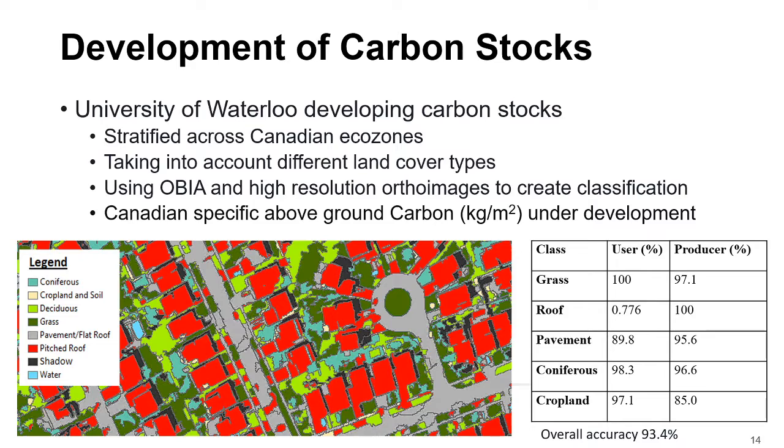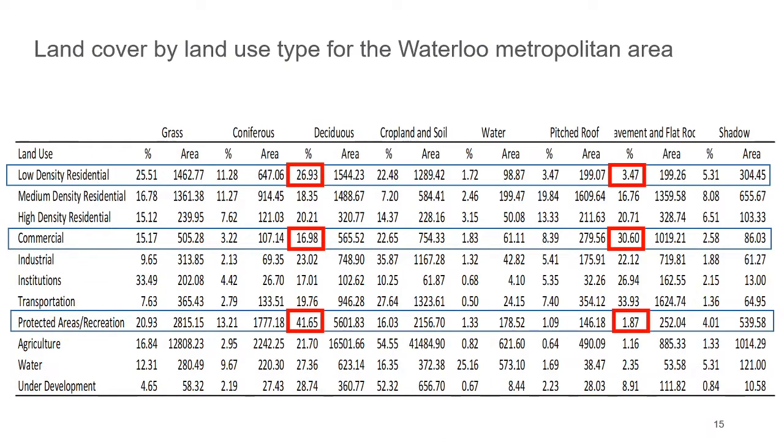And currently our overall accuracy is 93.4% for this. And then looking at that a bit more, we can see that a low density residential area has 26% trees, but only 3.4% pavement, whereas a commercial area has obviously fewer trees at 16.98%, but a lot more pavement at 30%.